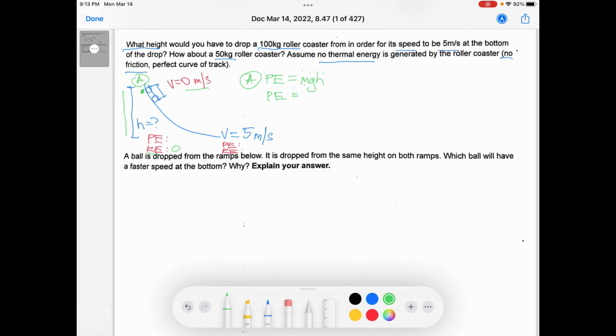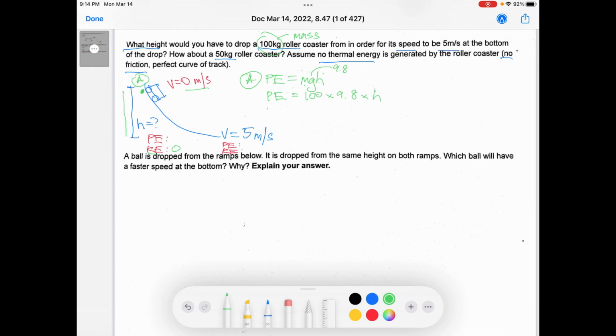The mass of the roller coaster is 100 kilograms, because kilograms always goes with mass. So 100 times g, which is always 9.8, times the height. The height is what we are looking for, so I'm just going to write h.